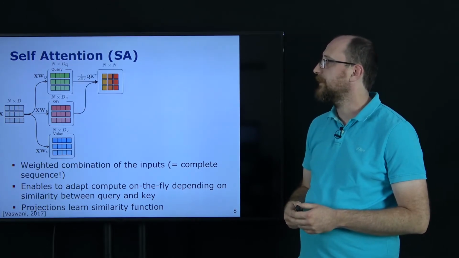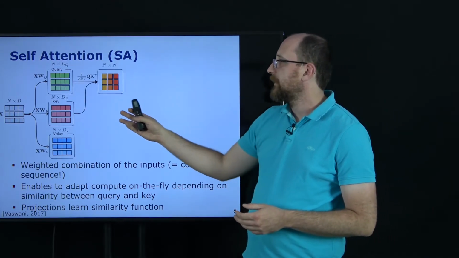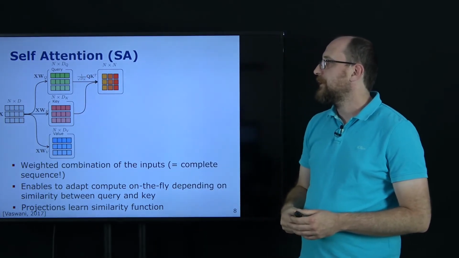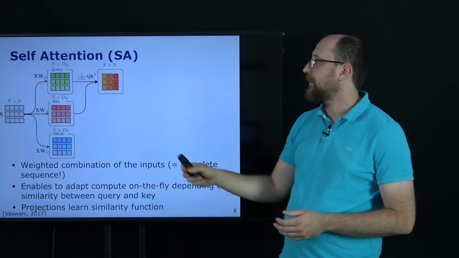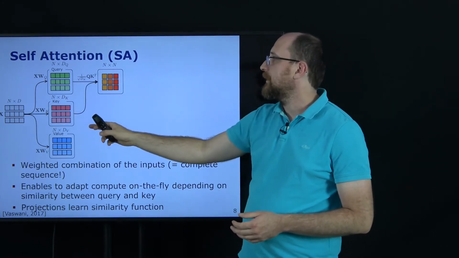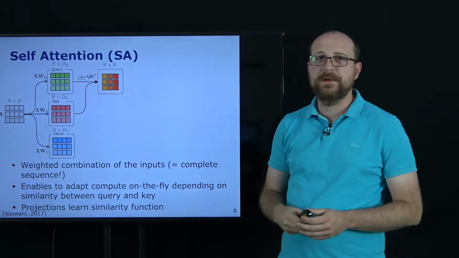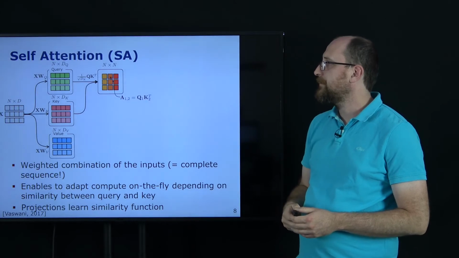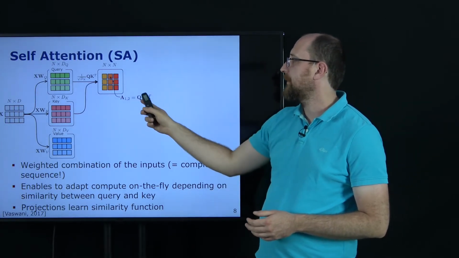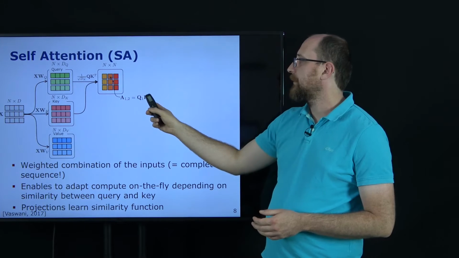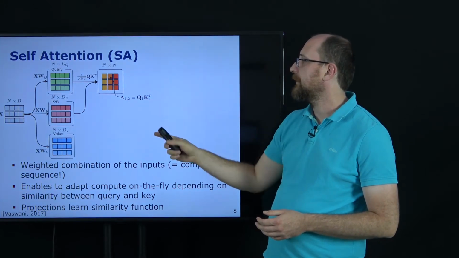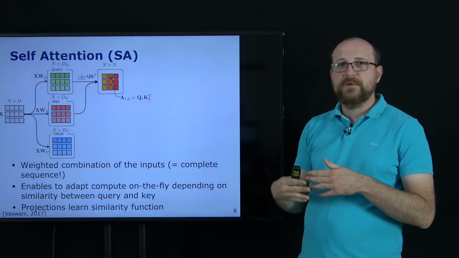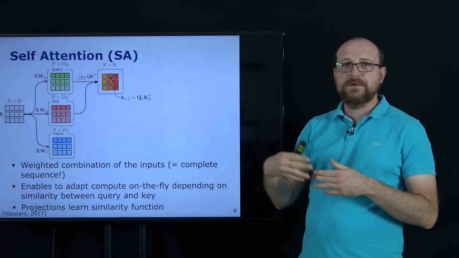And for this combination of the queries and the keys, we are now computing the dot product between each query and each key. This gives us an n by n dimensional matrix of attention weights, where each entry corresponds to the scalar product between a query and a key. So we are basically computing the similarity between each query and each key.